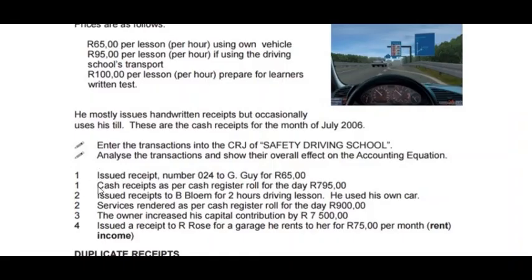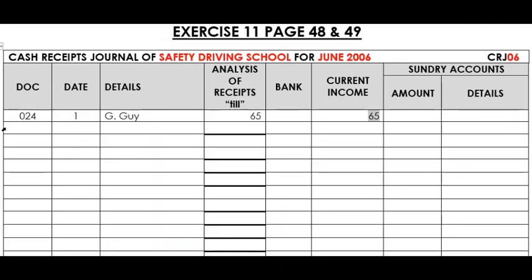Then the next transaction that also took place on the 1st was cash receipts as per cash register roll. So this is just another way to say that we have a duplicate till slip for the day, 795 Rand. And you will notice that there's no customer name because there are no customer names written on till slips. So if you want to enter this in the CRJ, remember you have to write CRR.